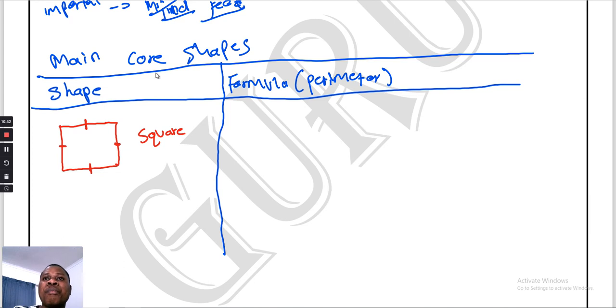You understand? Okay, now, for us to say this shape is a square, we'll only see that all the sides are equal, meaning that if this side is 5 centimeters, all the sides are going to be 5 centimeters. And in this 5 centimeters, what does it mean?